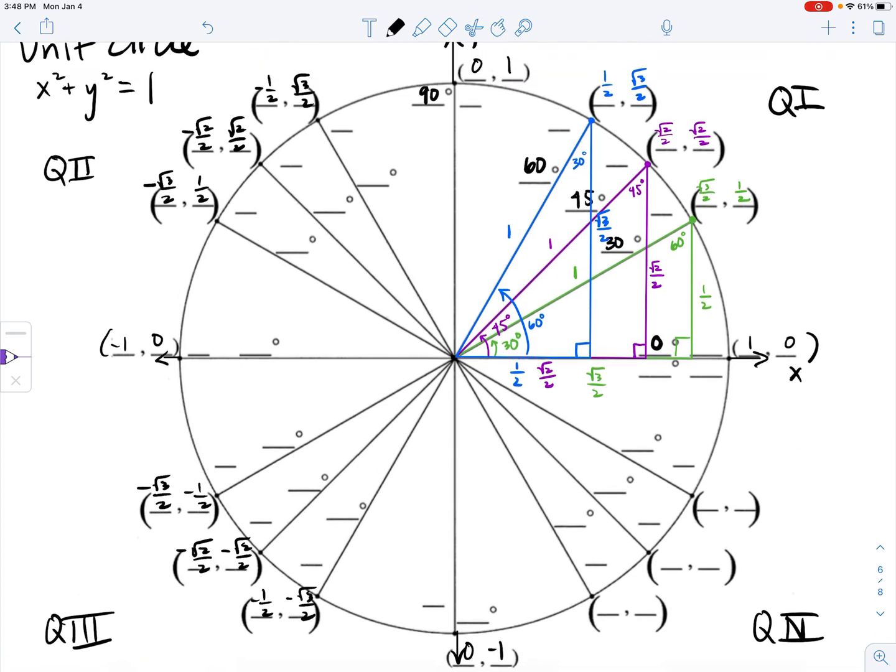And then you can think about those points from quadrant 1 being reflected over the x-axis, or the points from quadrant 3 being reflected over the y-axis. But then we have (1/2, negative root 3 over 2), (root 2 over 2, negative root 2 over 2), and then (root 3 over 2, negative 1/2).